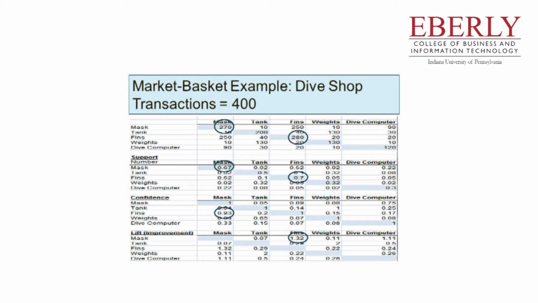Now, consider dive computer and fins. Of the 400 transactions, fins were sold 250 times. So the probability that someone walks into the store and buys fins is 0.625. But of the 90 purchases of dive computers, only 20 appeared with fins.